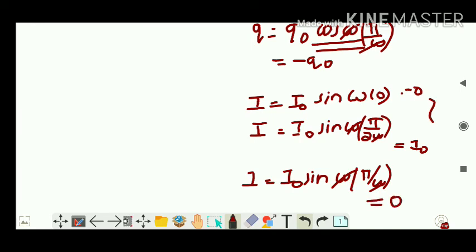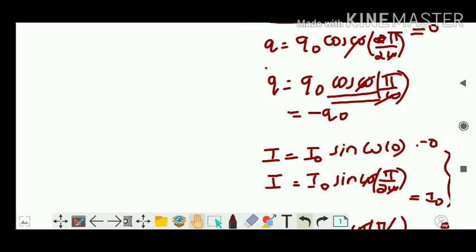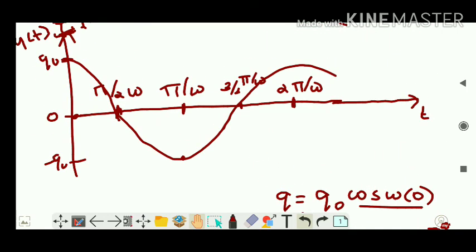So can I plot these three values? Let's plot it. At 0, when you consider the current, it is 0 itself. Then at pi by 2 omega, it has maximum value. Let's say this is I naught. Then obviously now I can plot it like this, right?